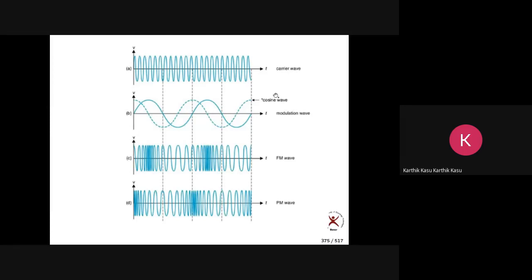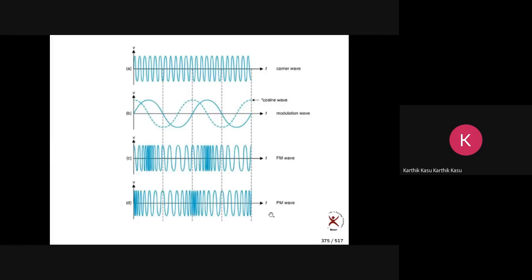Now, this diagram is very important. So simply I can conclude like this. In frequency modulation, the frequency of the carrier changes according to the message signal m of t. In this case, what is the message m of t? Sine theta, or sine waveform. Now in phase modulation, please make a note of this.